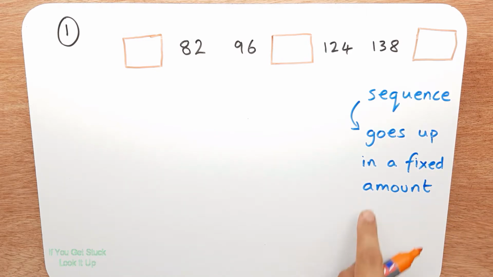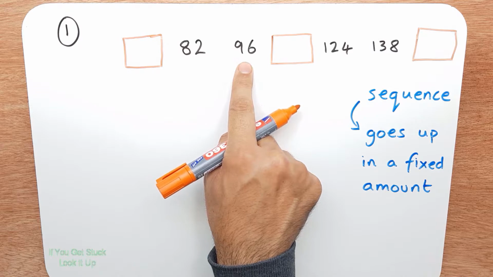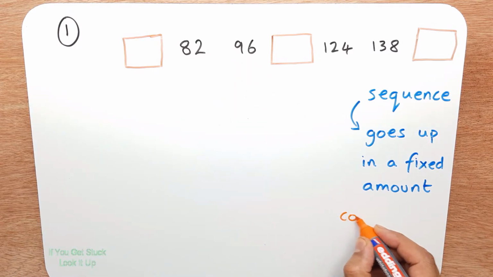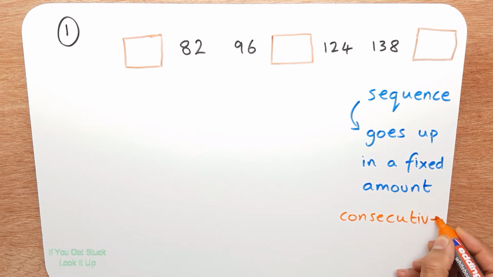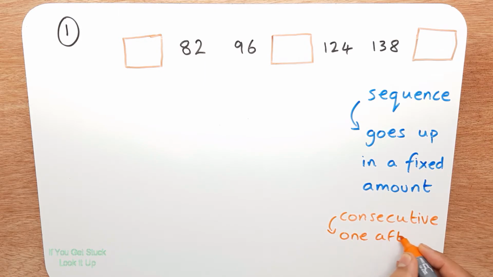And that's the amount we want to find out. So what you do is you look at two numbers next to each other, two consecutive numbers. So let's write that word down. Consecutive. That simply means one after the other.